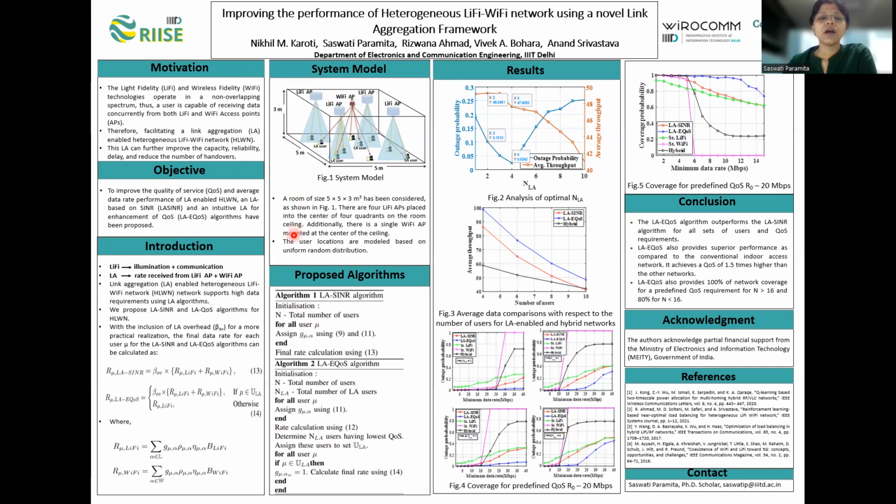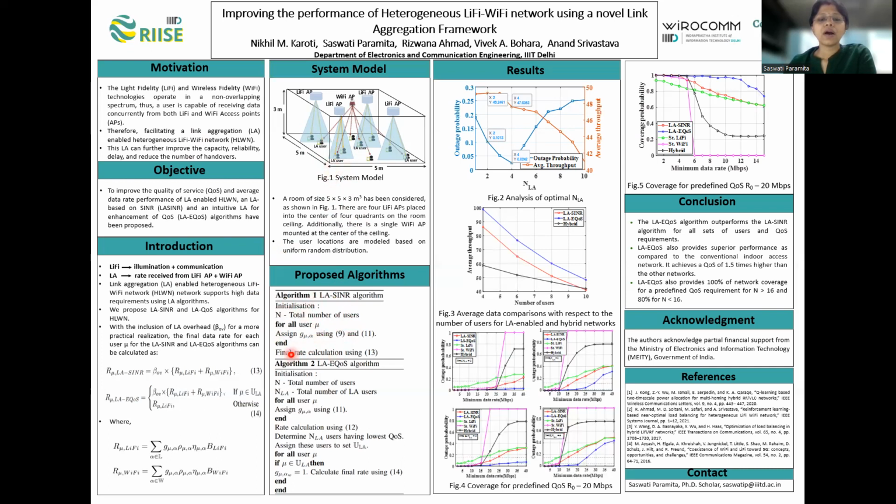In this network, we are applying two proposed algorithms, that is LA-EQoS and LA-SINR, to improve the rate of these users. In the first algorithm, we are just assigning link aggregation to all the users present inside the room.